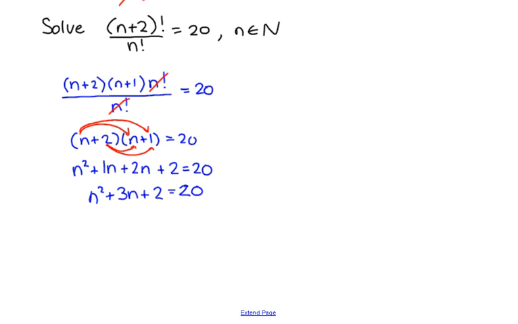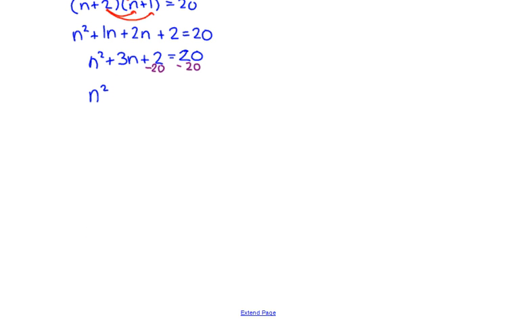If we have a quadratic that we want to solve, what do we have to do? One side has to equal 0. So who has to move? 20. Subtract the 20 over. So 2 minus 20. N squared plus 3n minus 18 equals 0.